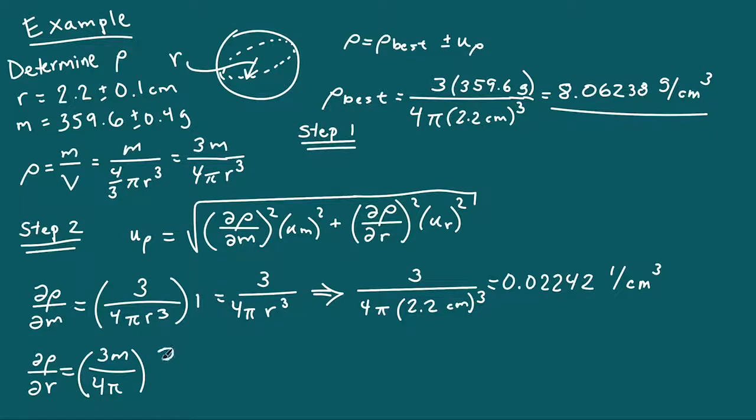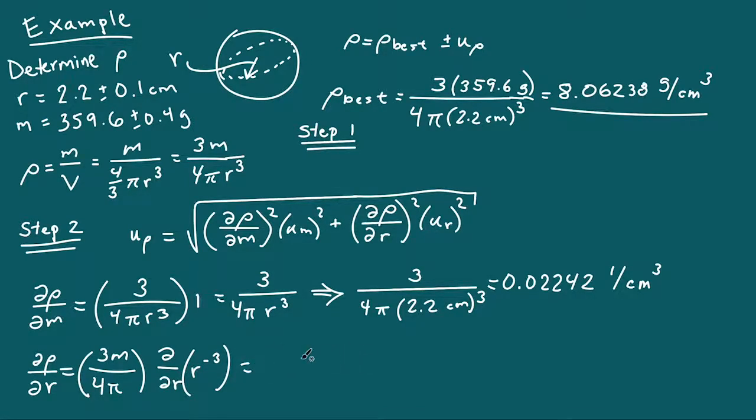So I'm going to say, what's the derivative with respect to r? I'm just writing this as a separate step, instead of writing it as 1 over r cubed, I'll write it as r to the minus 3.